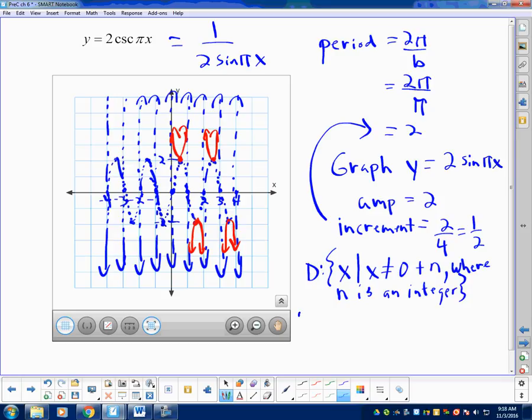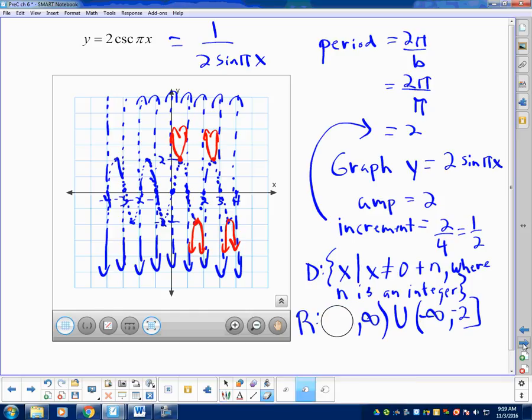And then can you describe the range here? It's not all real numbers, though, because there's nothing in between -2 and 2. So can it be positive 2? Yes. So it's 2 to infinity union negative infinity up to -2.